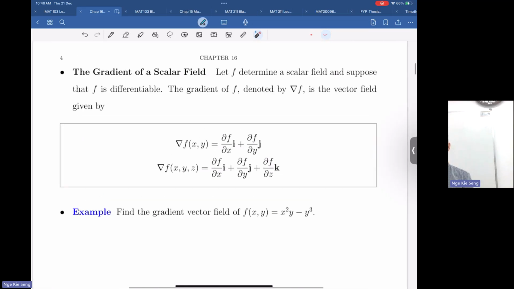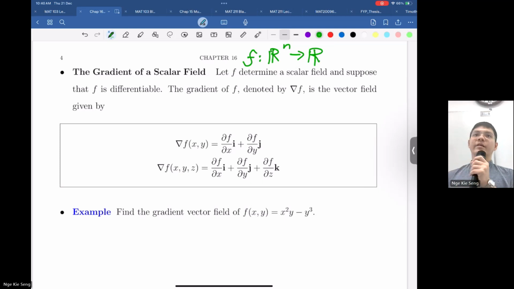Okay, so next we'll define what's called the gradient of a scalar field. So let f be a scalar field. What does a scalar field mean here? For a vector field, the output is a vector. For a scalar field, the output is a scalar. So here f is a map from Rn to R, and suppose f is differentiable.